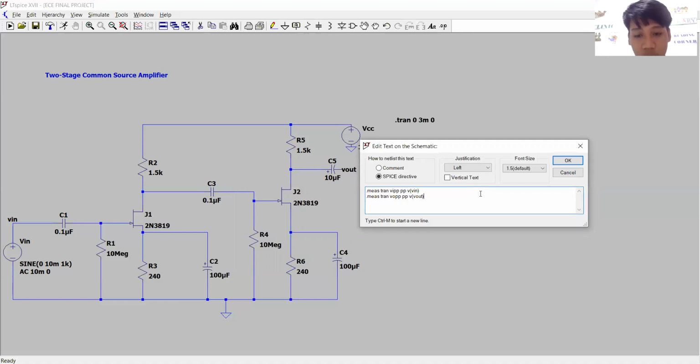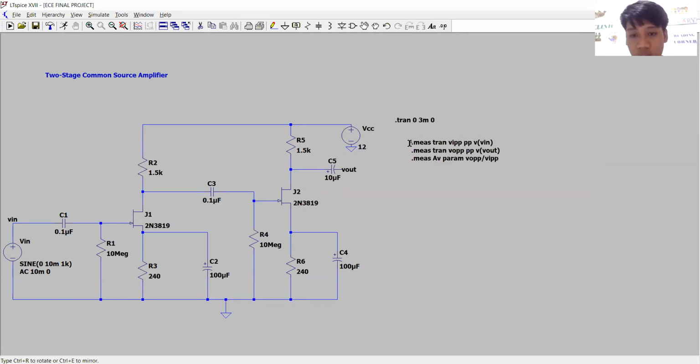Then we will find the AV, which is the amplifier factor. Then that is complete. We will place it here.